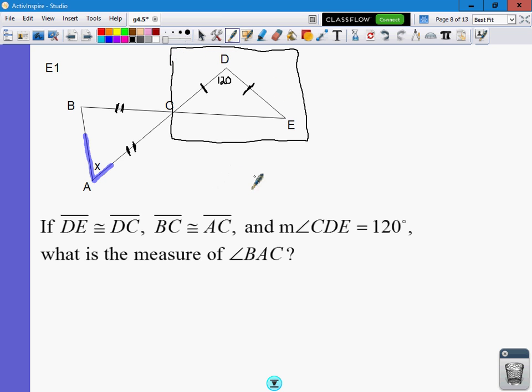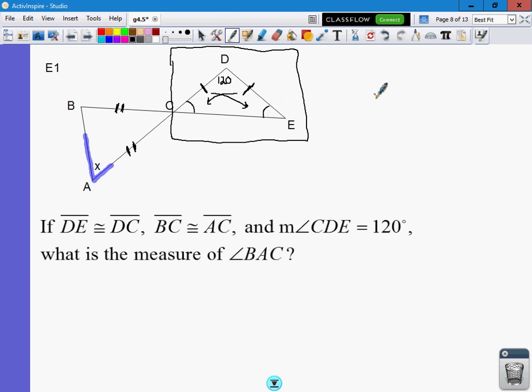What's not marked in this picture that could be marked because it's an isosceles triangle? If the two sides are congruent, what can you tell me about the two angles that are opposite those sides? They're congruent.